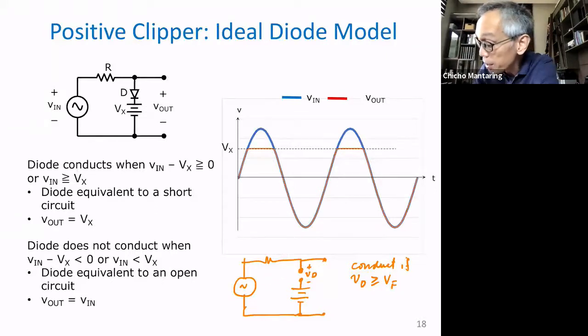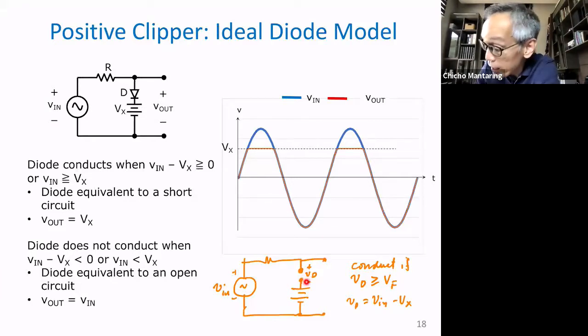So VD is just V in minus Vx. I can do that using KVL, no? Itong VD is just V in minus Vx because I don't have any voltage drop here because there's no current that is flowing.